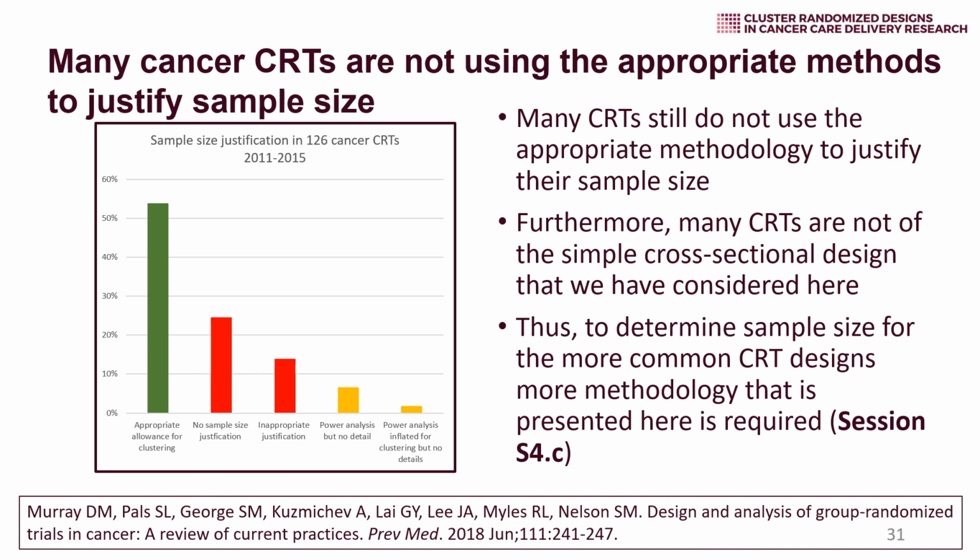The green column represents an appropriate allowance for clustering. So a reasonable number, about 50% of studies, are making an appropriate allowance for clustering in their sample size calculation. But a non-negligible minority of studies had no sample size justification or had an inappropriate justification.